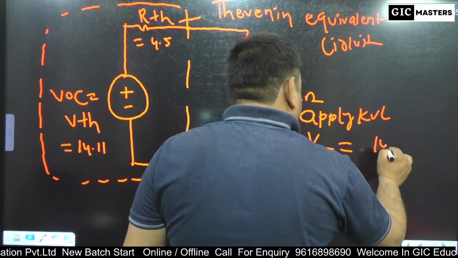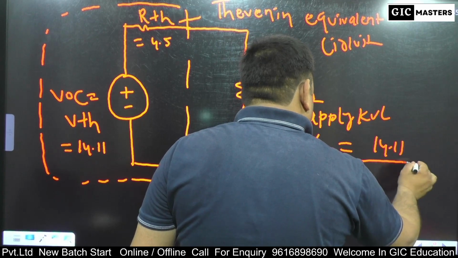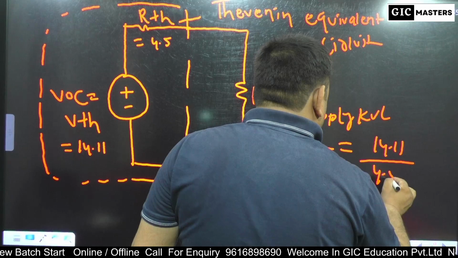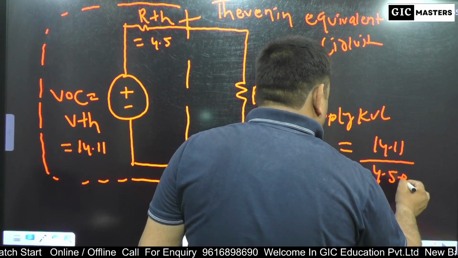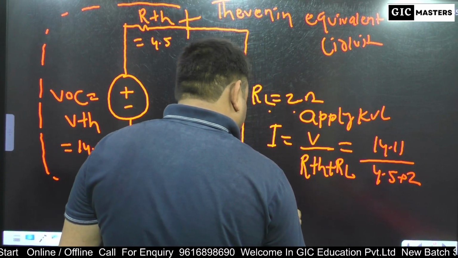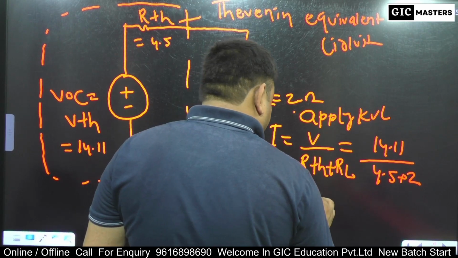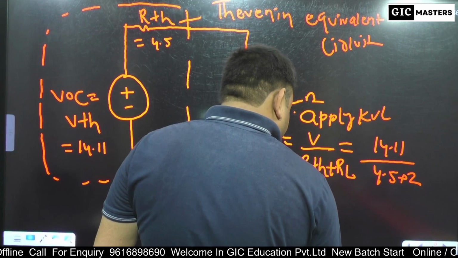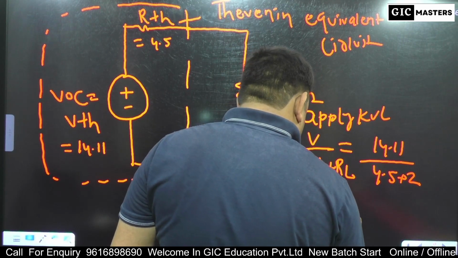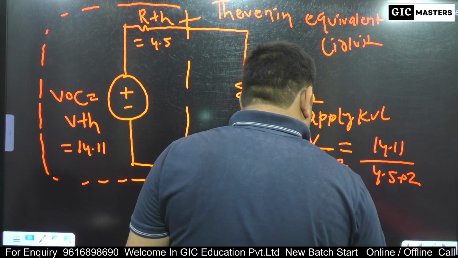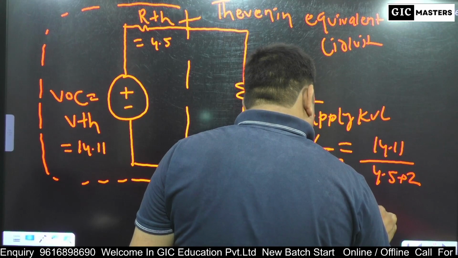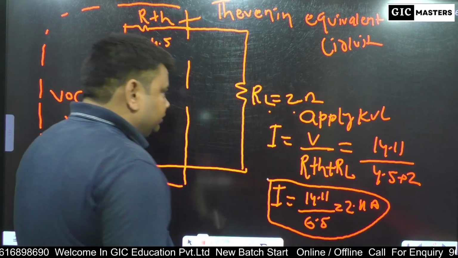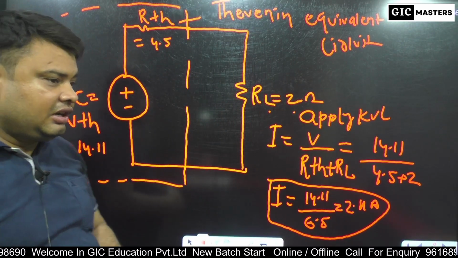So V equals 14.11, RTH equals 4.5 and load resistance equals 2. I equals 14.11 divided by 6.5. It means 2.17 ampere current flows through this load resistance RL.